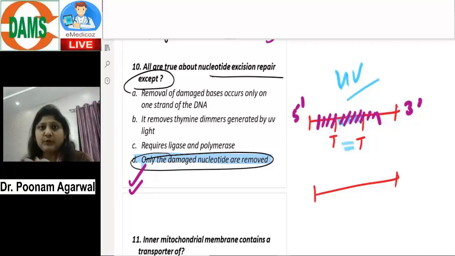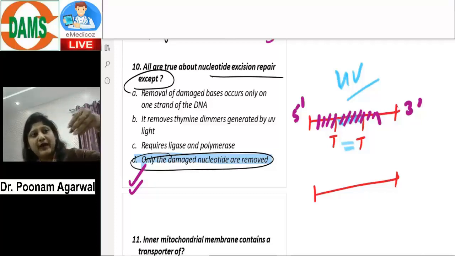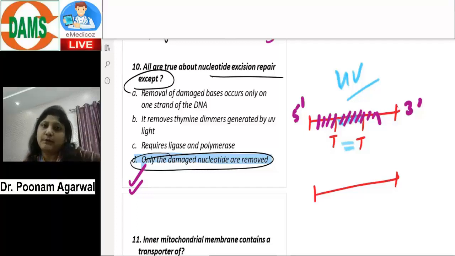Whether it is mismatch repair, nucleotide excision repair, or base excision repair, base excision also is not just removing the single nucleotide. Please understand, some 3 to 5 nucleotide segment is getting removed in base excision repair also.